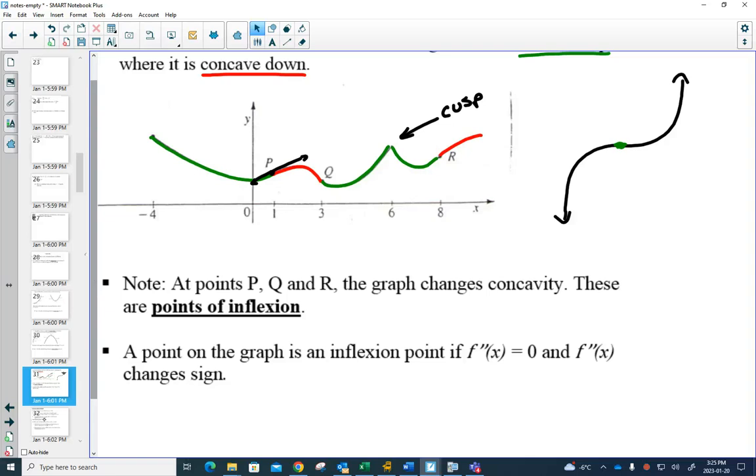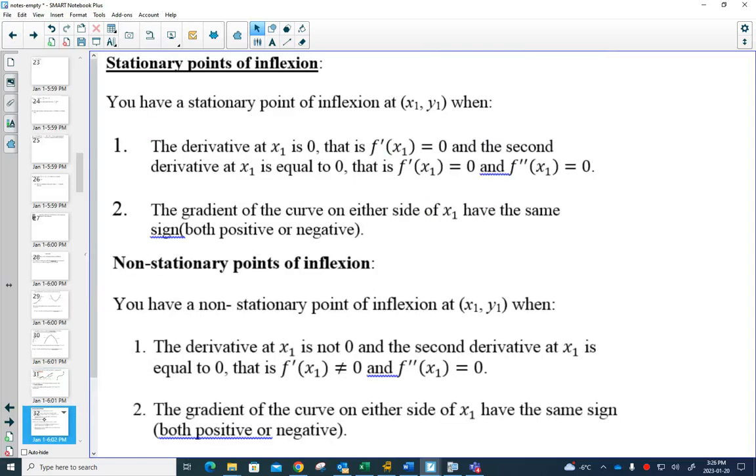Yeah, we can do one more thing in notes. So, stationary points of inflection. In order to have a stationary point of inflection, you could show that the first derivative is equal to 0, because that gives you a stationary point.